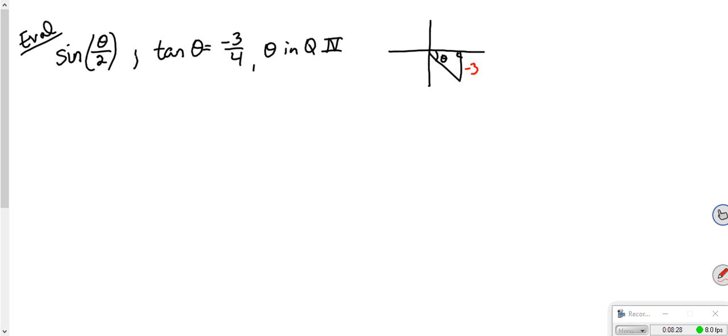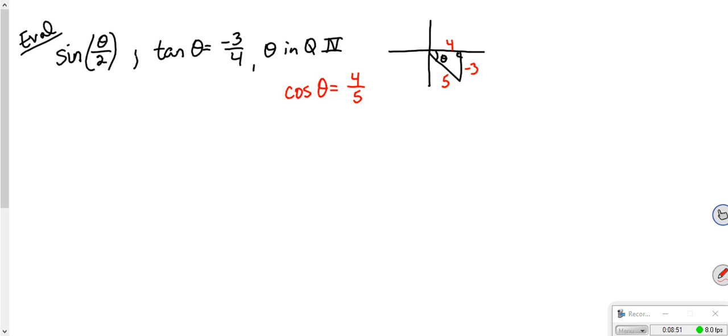So this is negative 3, this is 4, my hypotenuse would be 5. It's a 3, 4, 5 triangle. So that means cosine theta, which is adjacent over hypotenuse, is going to be 4/5. And it's positive in the 4th quadrant.